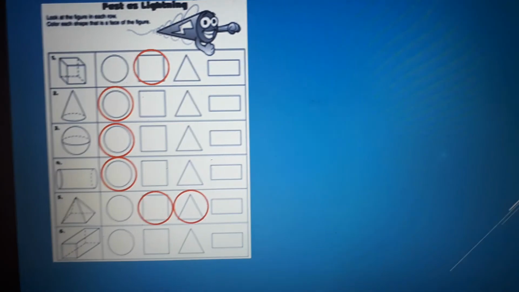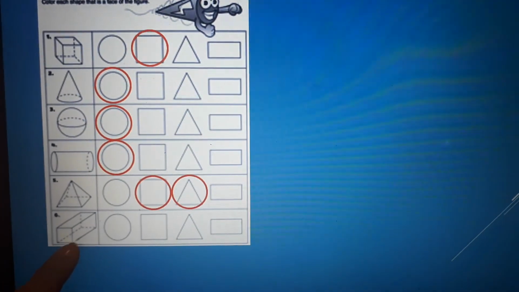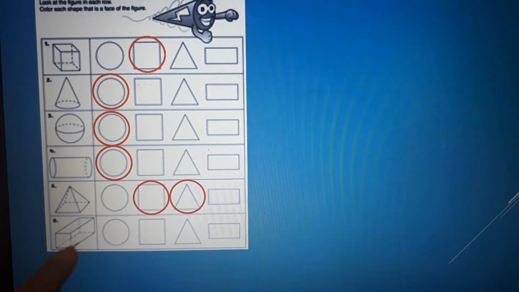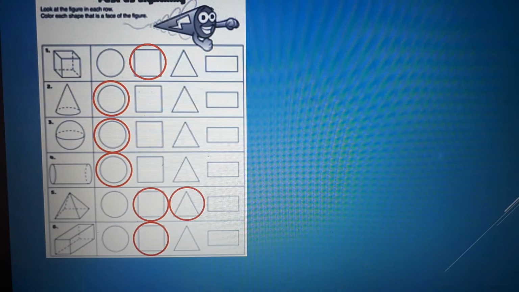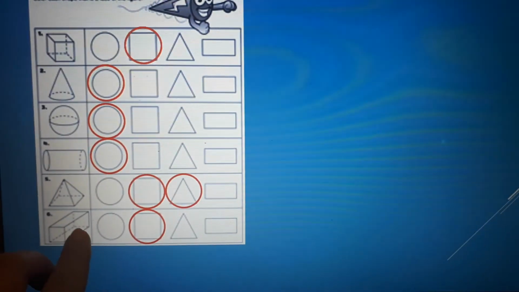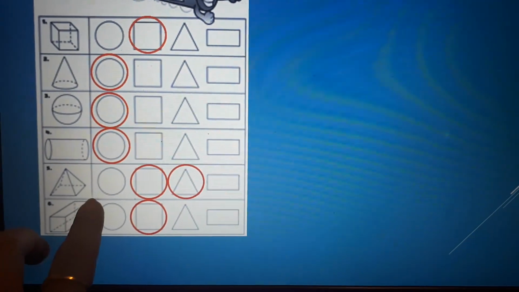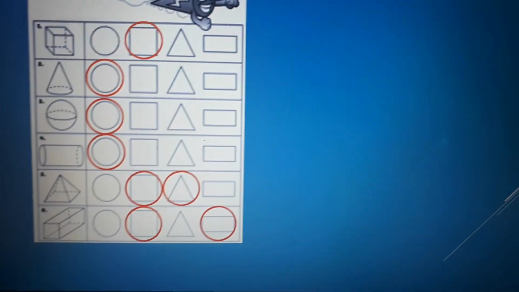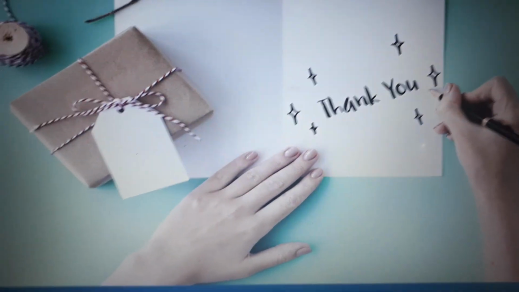Look at the rectangular prism. Also the rectangular prism. If you trace this side, you will find that it's a square. Excellent. But if you trace the other face, you will find that it's a rectangle. Great job. Thank you.